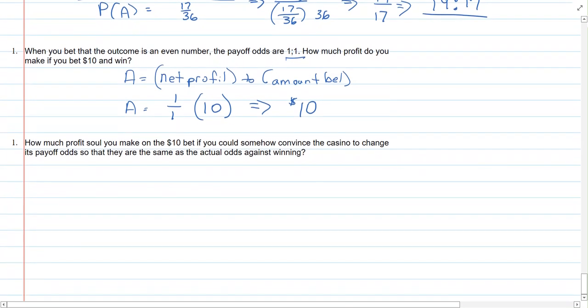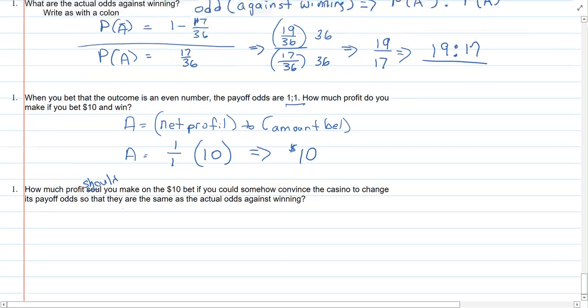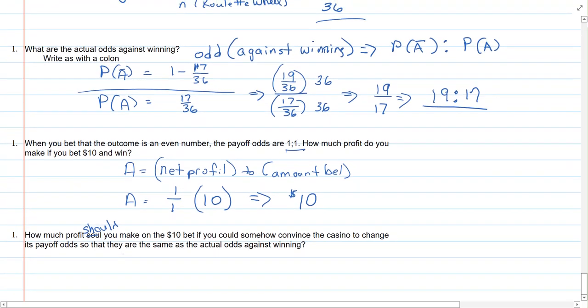All right. So how much profit should you make on a $10 bet if you could somehow convince the casino to change the payoff odds so that they are the same as the actual odds against winning? All right. So against winning the odds were 19 to 17.